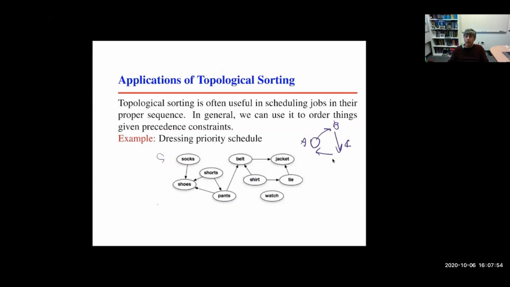Does everybody agree that if we had a cycle, nobody could get dressed in the morning? What I need in order to decide how to get dressed is an ordering where I respect all of these precedence constraints. And I claim that there are a lot of them.